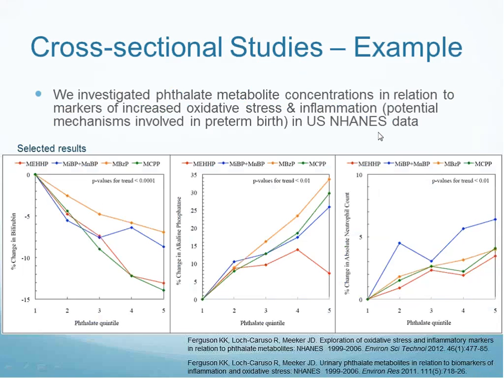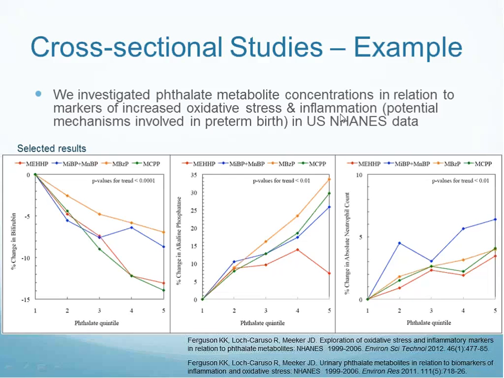We were able to utilize that data to look at exposure to phthalates or phthalate metabolites measured in urine. In this instance, we're looking at markers of oxidative stress and inflammation that were measured in blood from the same people, cross-sectionally. These people reported to a mobile lab. They collected a urine sample and a blood sample at the same time. The blood samples were analyzed for oxidative stress and inflammation markers, among many, many other things.